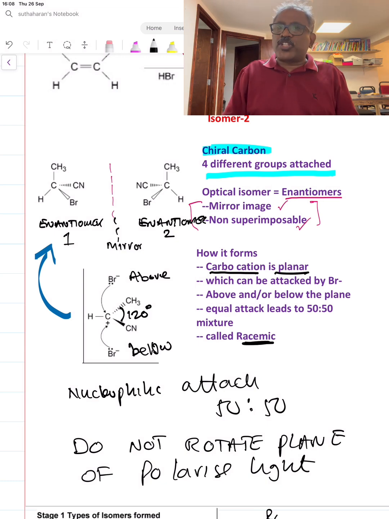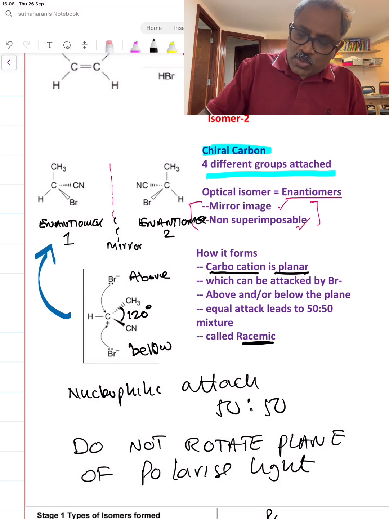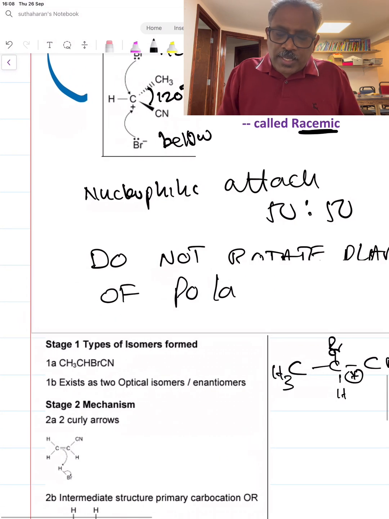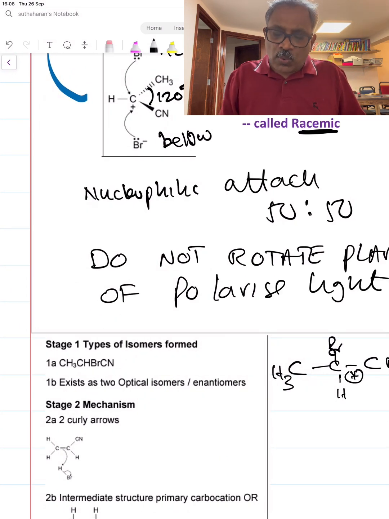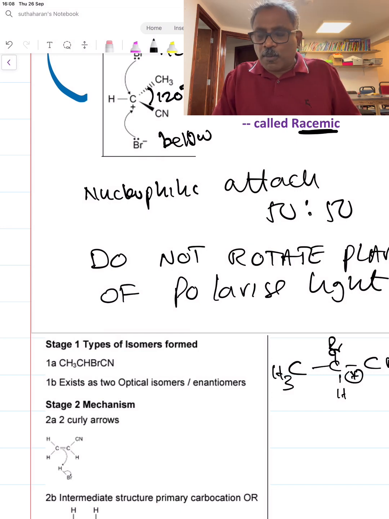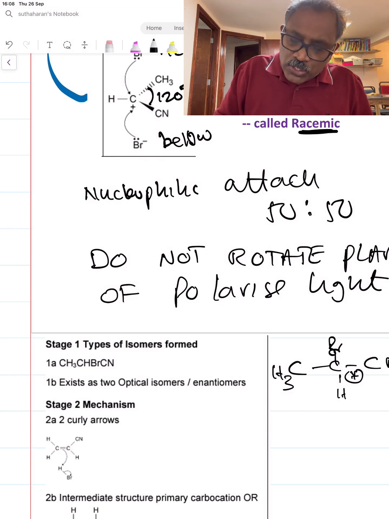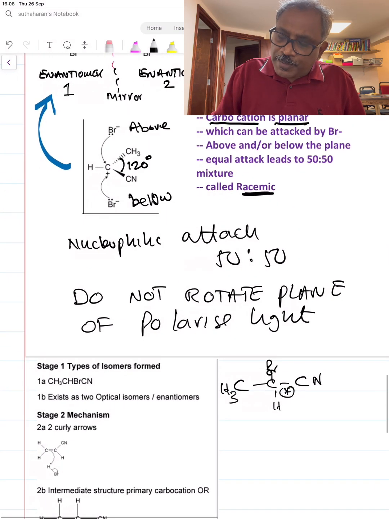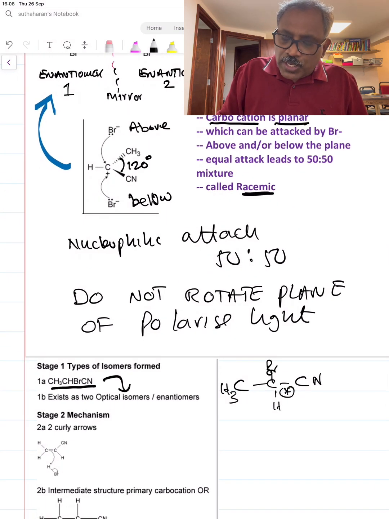Now, let's go back and check how many marks are available to us from what we've gone through so far. Stage 1, identifying all 3 isomers. So your W or 3-bromopropanenitrile, and this is your 2-bromopropanenitrile. The 2-bromopropanenitrile contains a chiral carbon, which will produce an enantiomer.